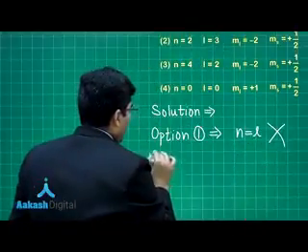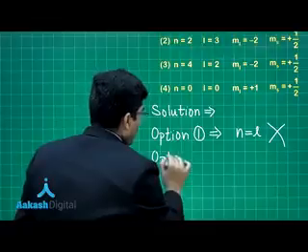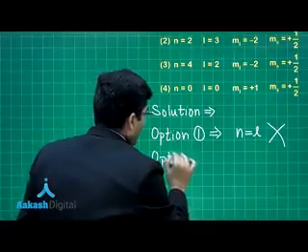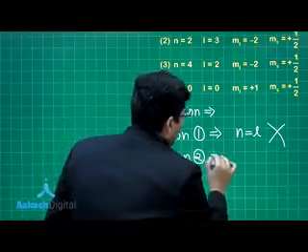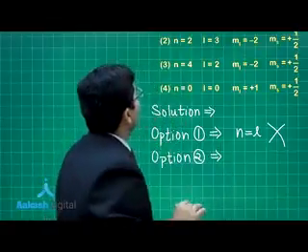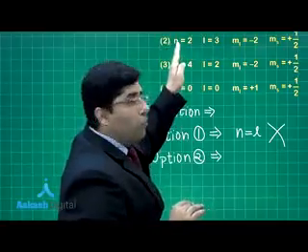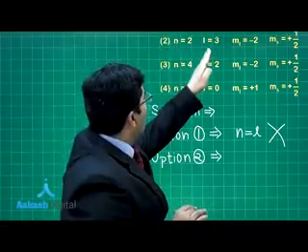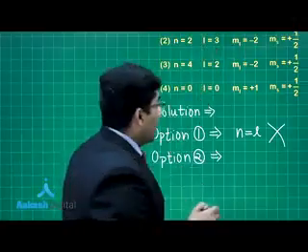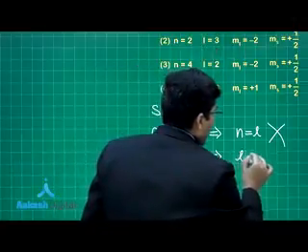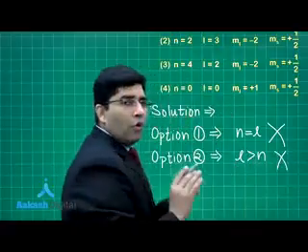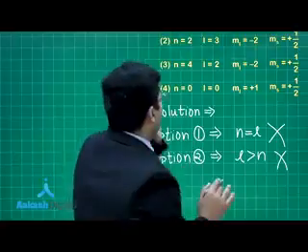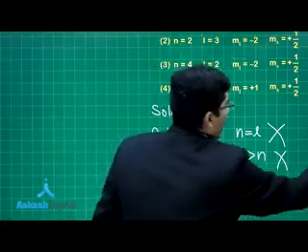Now going to the next option. Our next option is option number 2. Now in option number 2, principal quantum number is 2, azimuthal quantum number is 3. So L is greater than n. Sorry, this is not possible. That's why this is not our answer.